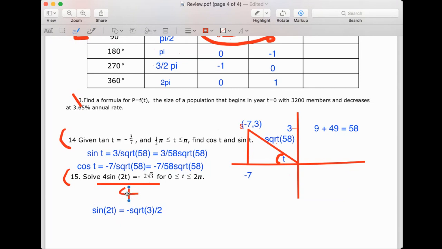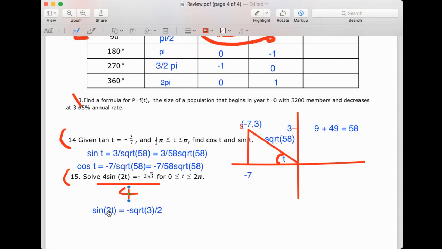This 2 divided by 4, I get a half, right? I get negative root 3 over 2.